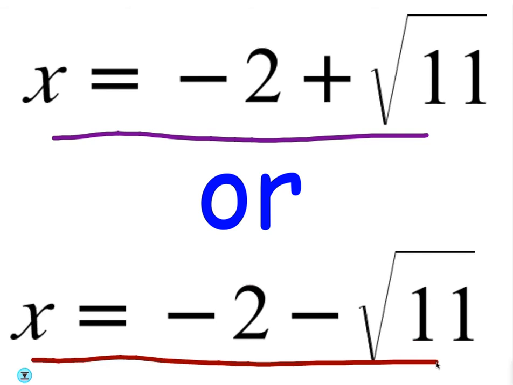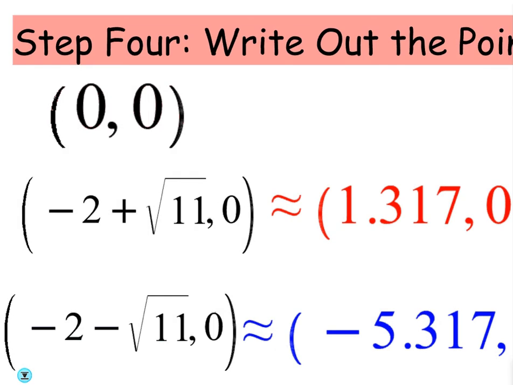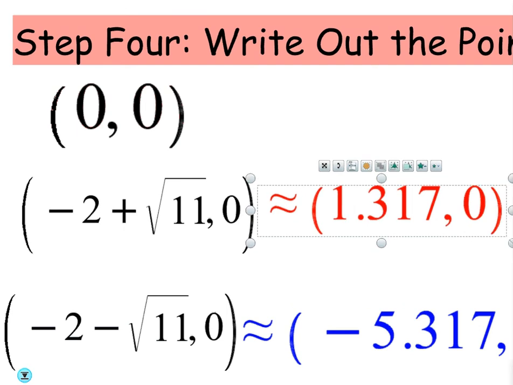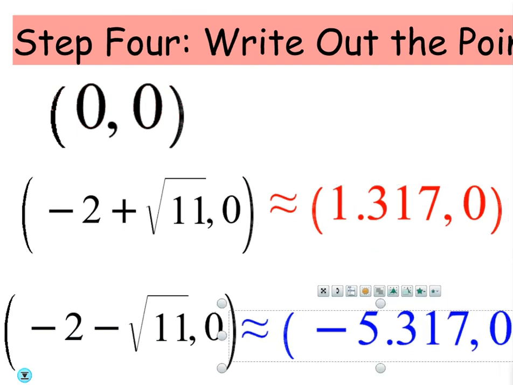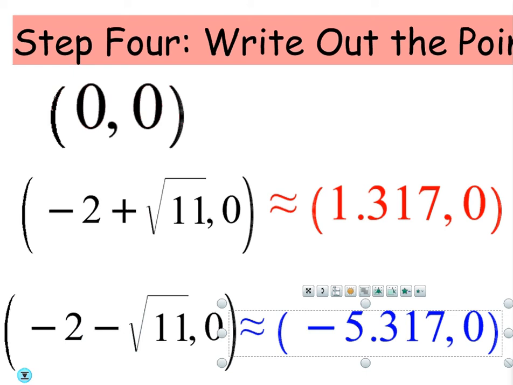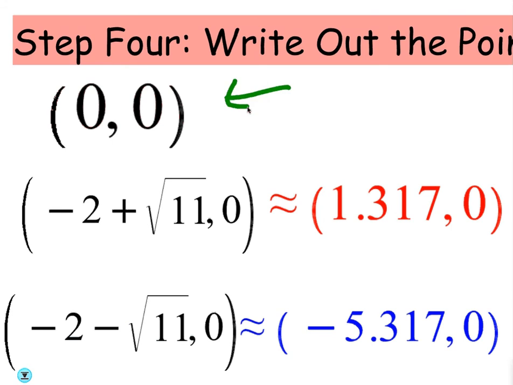So this particular quadratic equation actually has 3 answers, right? Because the first one we found was 0. The second one was negative 2 plus radical 11, and the third one was negative 2 minus radical 11. Just for the sake of understanding, you guys don't have to write this down. To figure out where it's going to fit on the graph, we can convert those numbers to decimals. The first one's easy, it's 0.